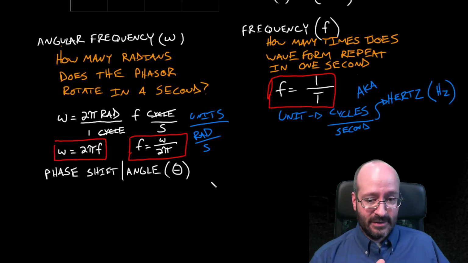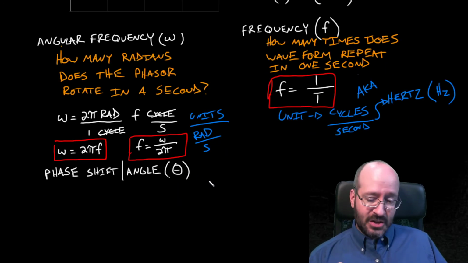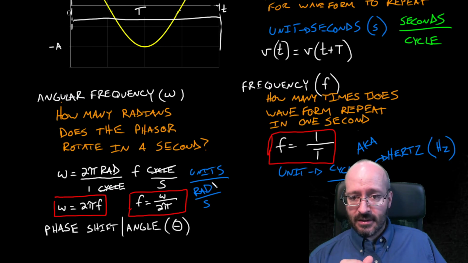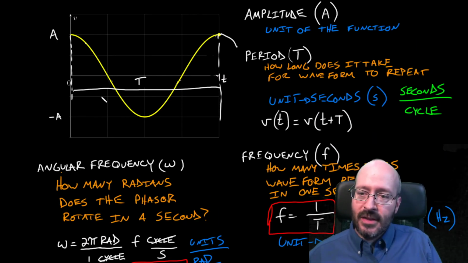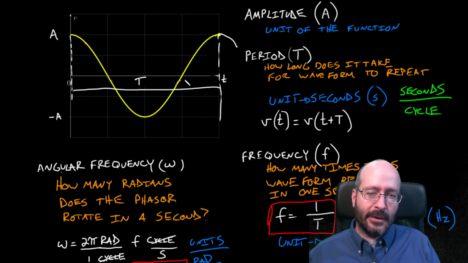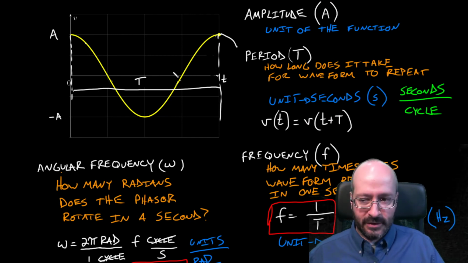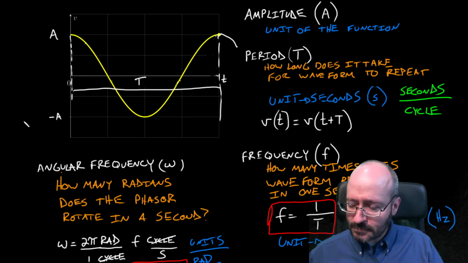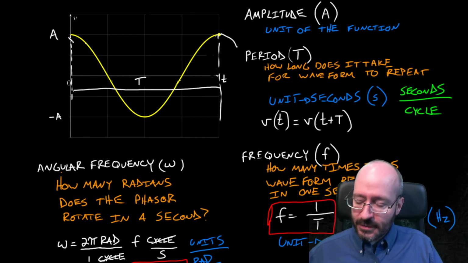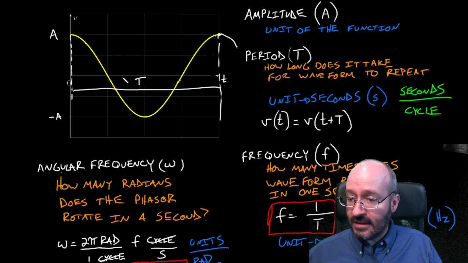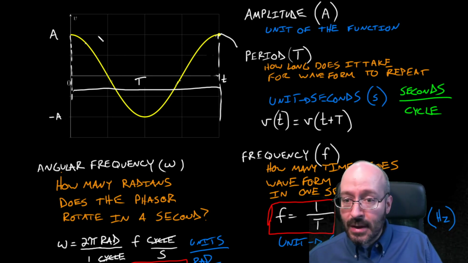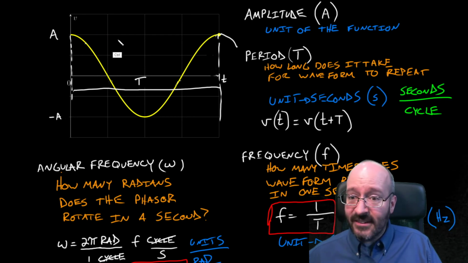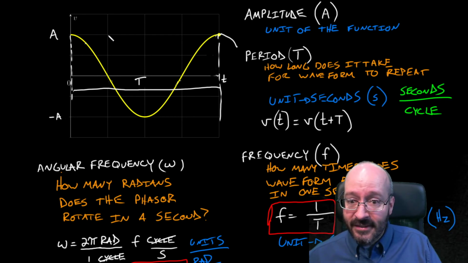Okay, phase shift. The last bit of this. Phase shift is where the waveform starts. So this one I have starting at 0 degrees, and we'll look at why that's 0 degrees in the next videos. But this one's starting at 0 degrees. Phase shift is how far we're moving in time. So maybe this waveform, I'm going to try to draw it. You think I can do it? Hold on, let me use this as a guide.